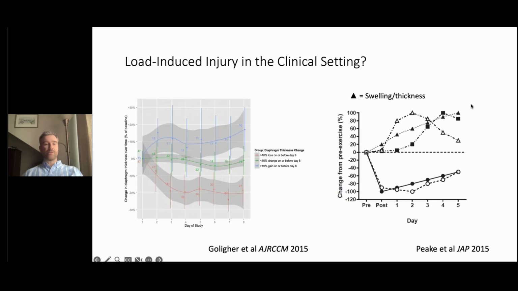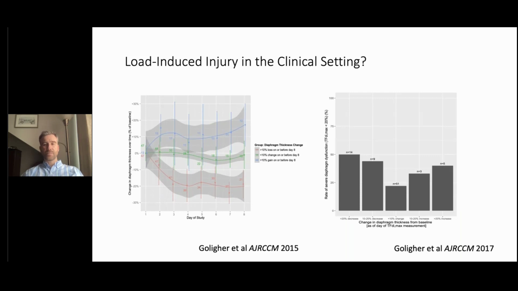So maybe patients who have a very high level of respiratory effort and then get put on the ventilator and continue to have excess loading will actually develop muscle swelling and an increase in thickness, reflective of possible edema and inflammation. And strikingly, in this outcome study that I'll tell you a bit more about, we found that an increase in diaphragm thickness was actually associated with a higher rate of diaphragm dysfunction in comparison to patients without any change in diaphragm thickness. So both decreases and increases in thickness appeared to be associated with an increased rate of diaphragmatic weakness.